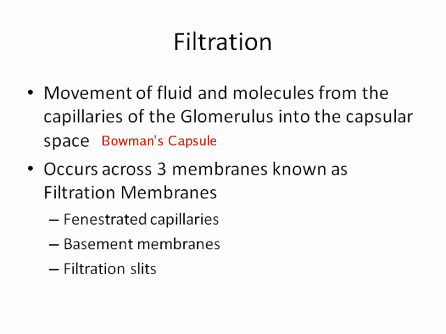We want to make sure that proteins are not being removed. We want to make sure that only things that are in excess, such as water, or things that are waste, such as the nitrogenous waste, are being removed. And so we have these 3 membranes, or these 3 layers: the fenestrated capillaries, the basement membranes, excuse me, and the filtration slits, that are going to regulate this process.